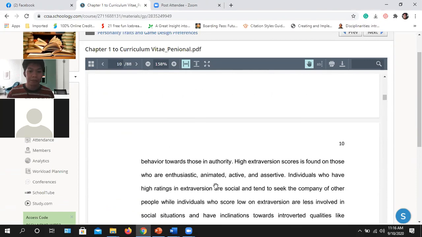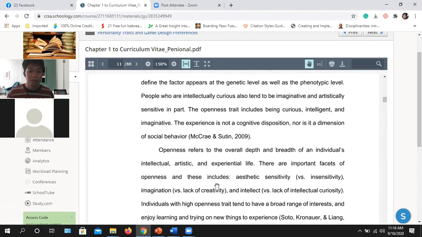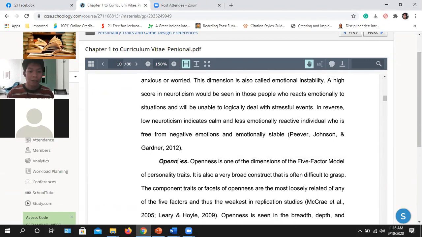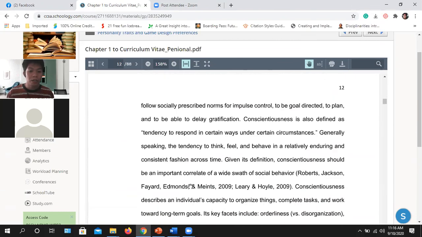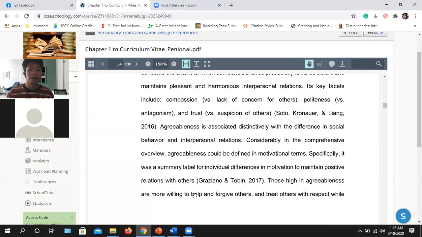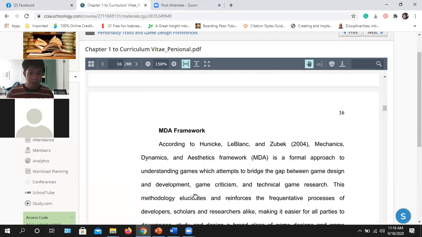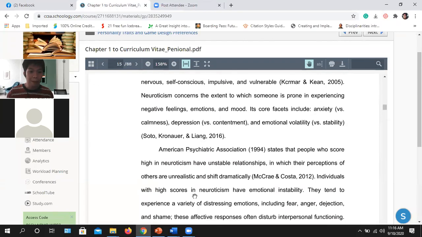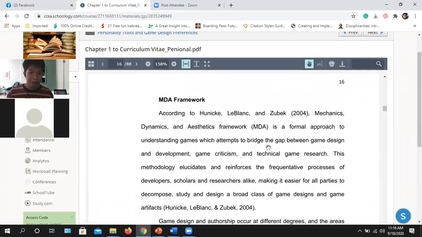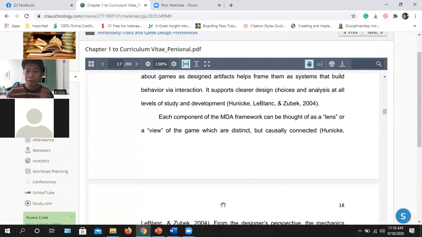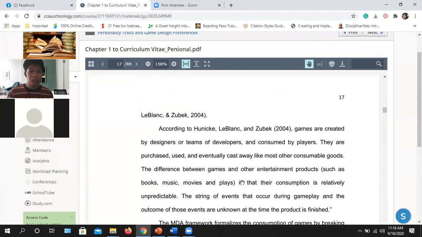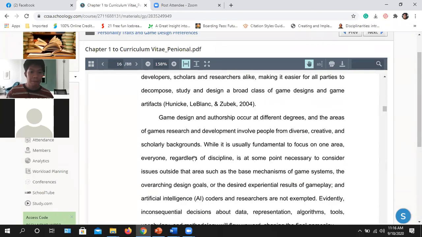Here we have openness, conscientiousness, etc. Next is the MDA framework, and you need to specify the indicators, the specific variables of MDA.